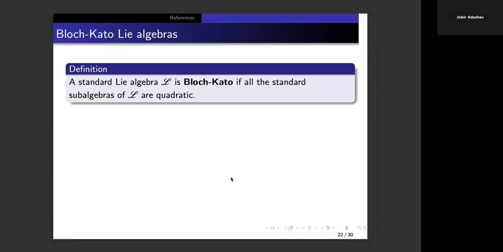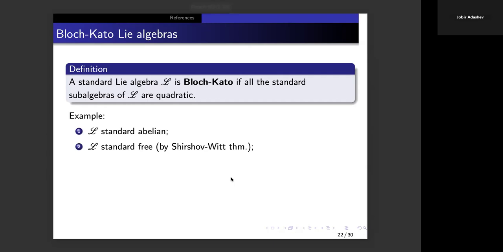All right. Now let's see some examples of bloccato Lie algebras. Of course, you have standard abelian Lie algebras. So all standard subalgebras are, of course, abelian and so quadratic. Also, standard free Lie algebras are bloccato because by the Shirshov-Witt theorem, the subalgebras of a free Lie algebra are free themselves, and so they are, of course, quadratic.